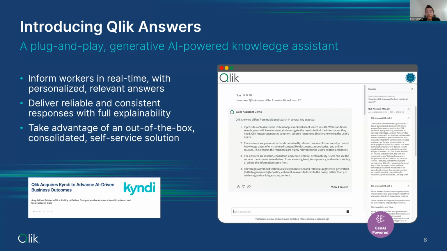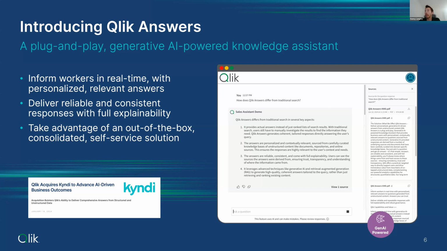It's great because it gives your business analysts the ability to just ask questions and then in real time get personalized, relevant answers back for their unstructured data. Qlik Answers is going to give you reliable and consistent responses with full explainability, meaning it's going to actually give you the supporting links that it used to generate the answers that it's providing, and it's completely out of the box, completely a self-service solution that you can begin using today.